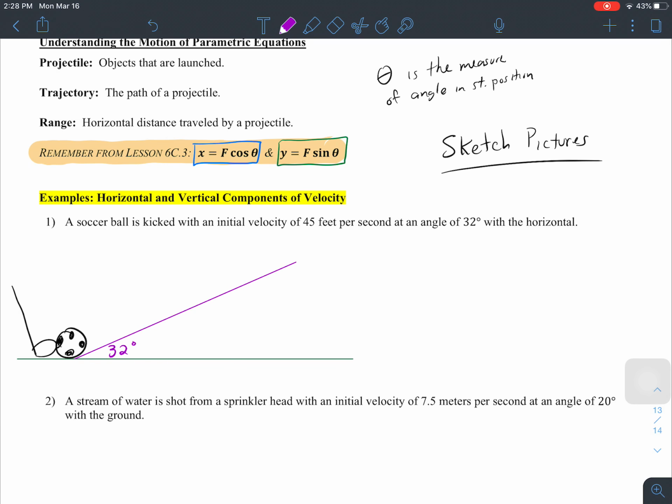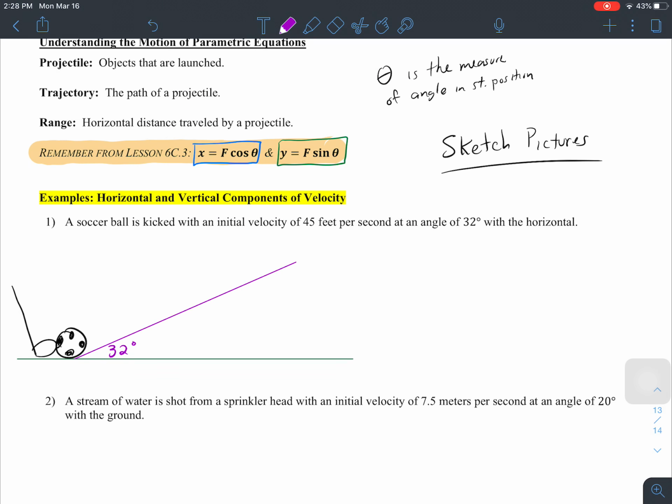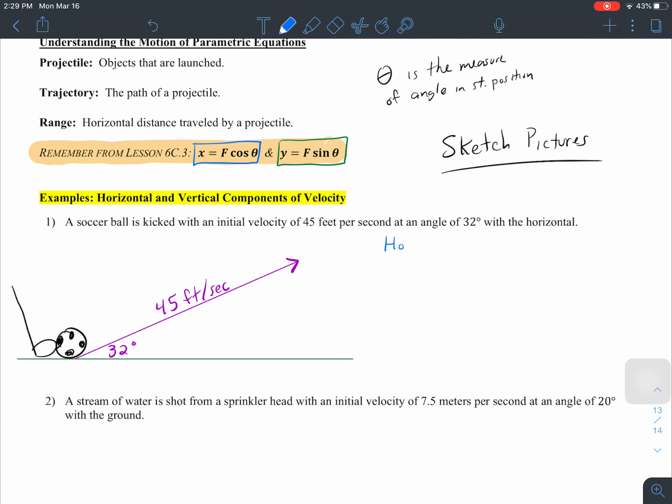So right here is your 32 degrees, and we're going to label the force on top of the trajectory: this is 45 feet per second. If we want to find the horizontal component, we're going to use the equation x equals our force times the cosine of theta.